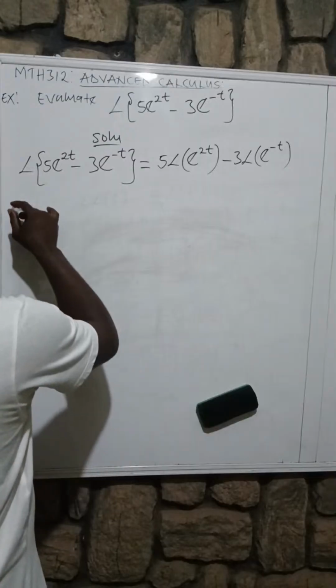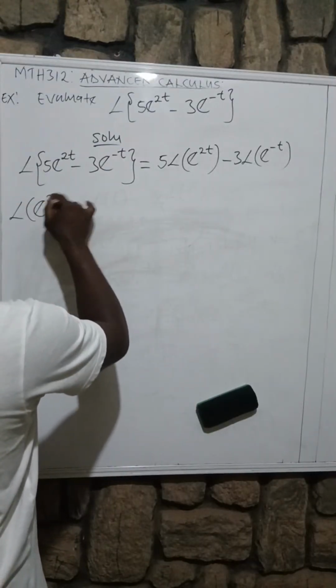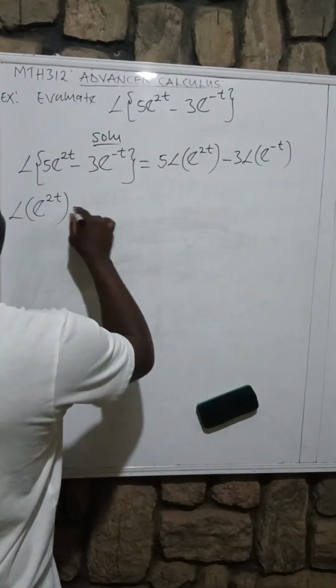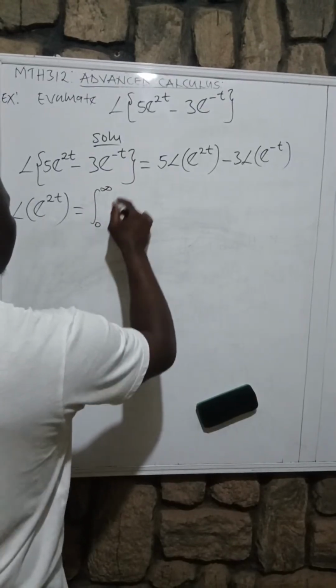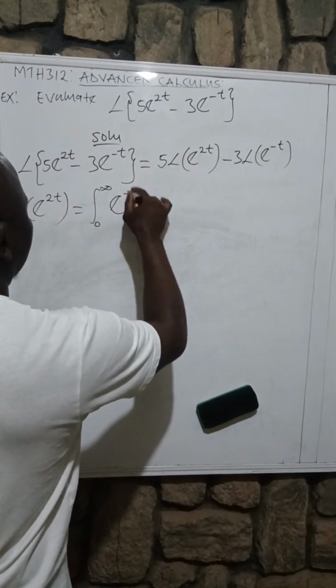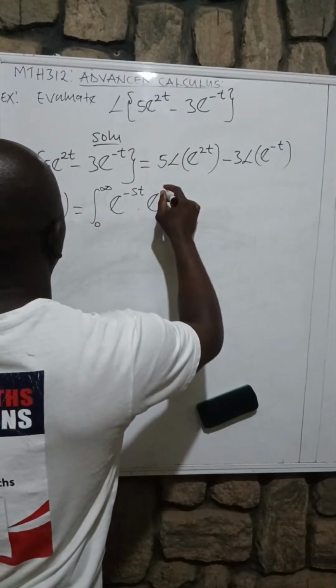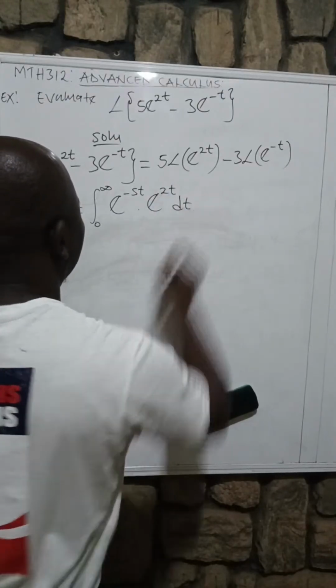So we want to find Laplace of exponential 2t, amen, then this is equal to integral 0 to infinity exponential minus st times exponential 2t dt, right?